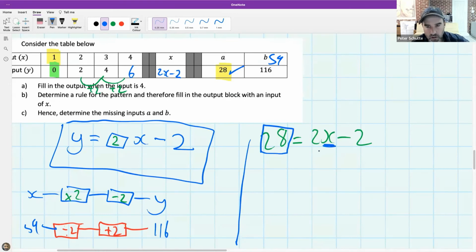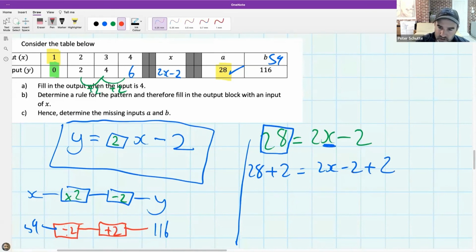Now, we are doing algebra in the next module, but one of the ideas of solving equations is you try and solve for X by doing the same thing to both sides. So I'm going to add 2 to both sides, and this goes away and I get 30. Now notice, guys, in our inverse function, we also started by adding 2.